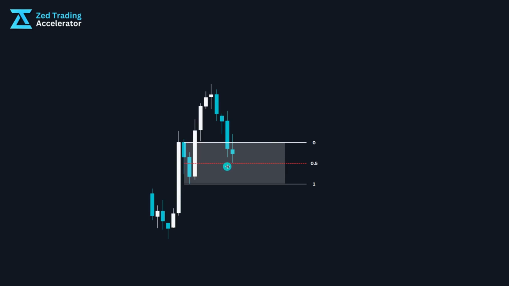We can see a wick around this area, the lower portion of the 50%, but we don't want to see a candle body close. As we can see right here, the price beautifully respected that 50% of the order block. And the price should now continue going higher.